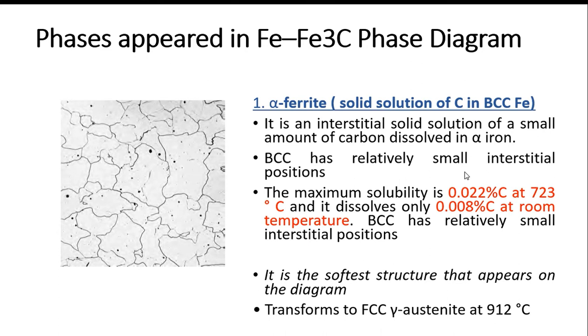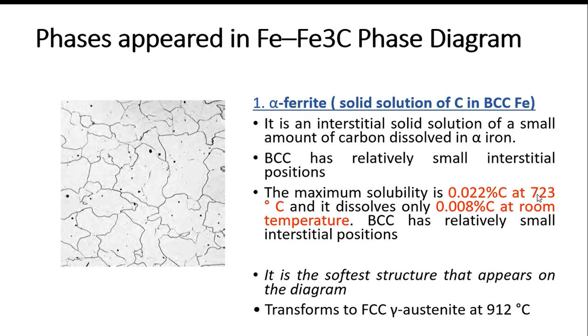So in body centered cubic, if you know the R and A values, right, that amount is very small inside two atoms, right? But in FCC, you have a higher C value. Previously, I think now you can understand what C and A are. So the C value is higher in FCC, not in BCC.